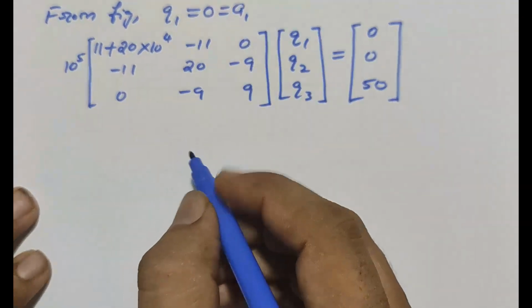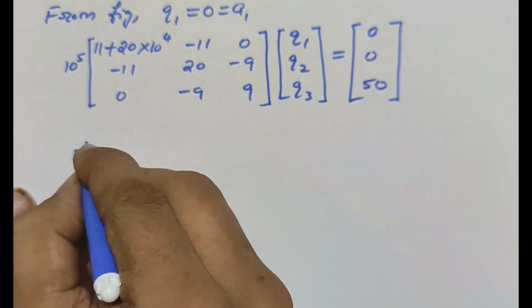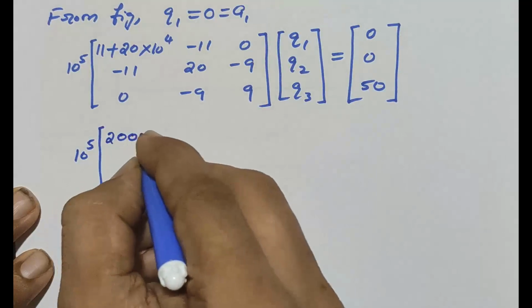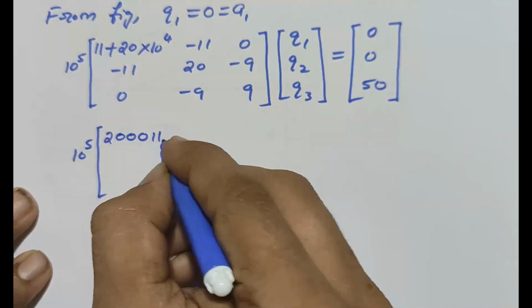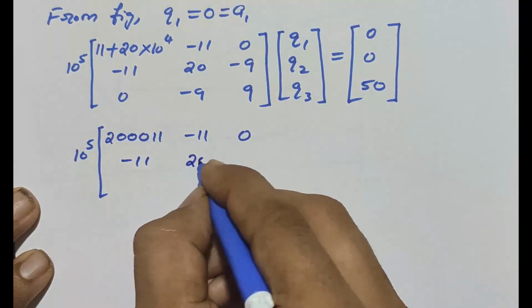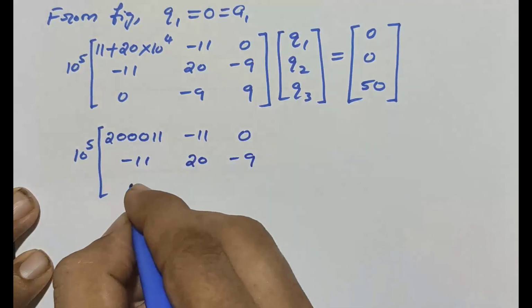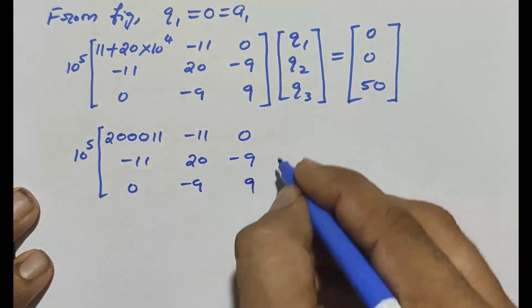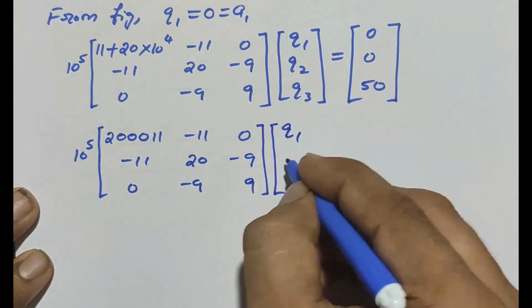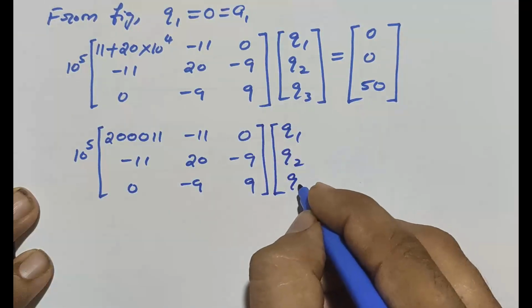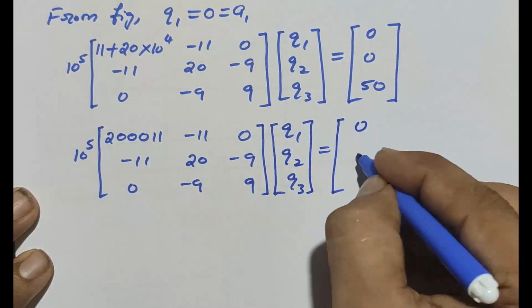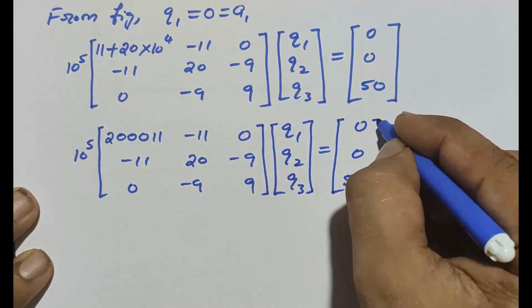Now if you simplify this, it becomes 10 to the power of 5 into the matrix 2, 0, 0; 0, 11, minus 11; 0, minus 11, 20, minus 9; 0, minus 9, 9, into Q1, Q2, Q3 is equal to 0, 0, 50.